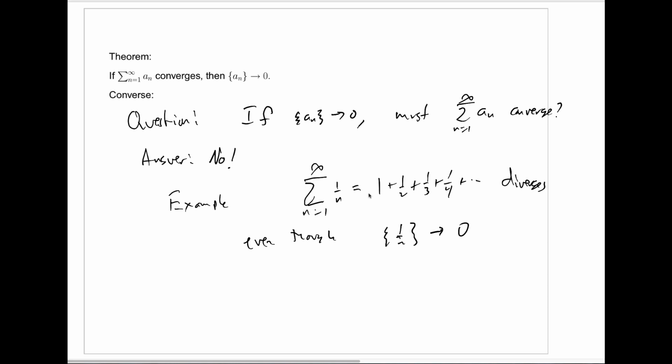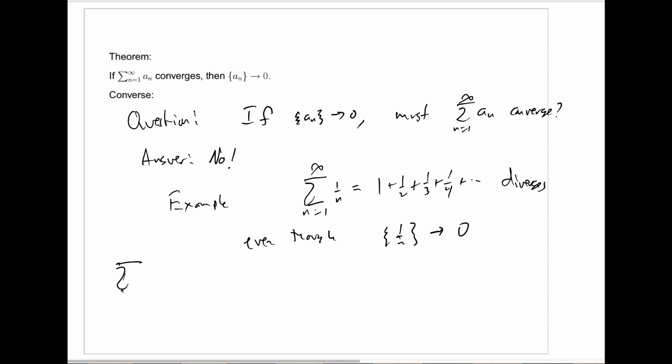So here's the question. Is there any better way to say what makes a series converge? And as long as we're talking just about positive term series, where all the individual terms are positive, if the series is going to converge, we certainly need the terms to tend to 0, but that's not enough. We need them to tend to 0 fast enough.